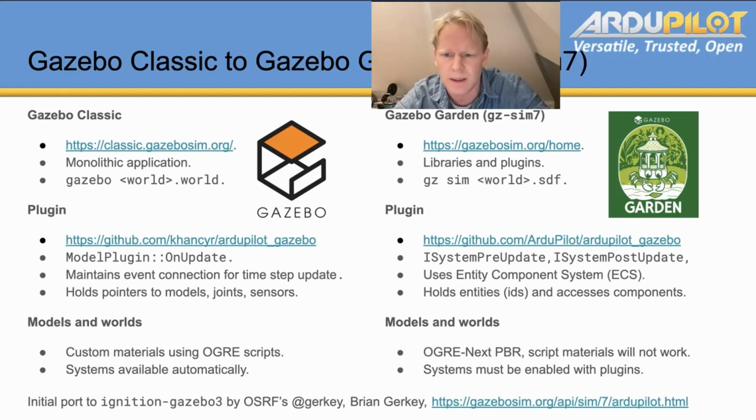The original plugin, there are links here to Pierre's original plugin, and we still have maintenance support of that. And the new plugin, we've moved under the ArduPilot org, and you can see the link there. There are changes in the way that the plugins are constructed.